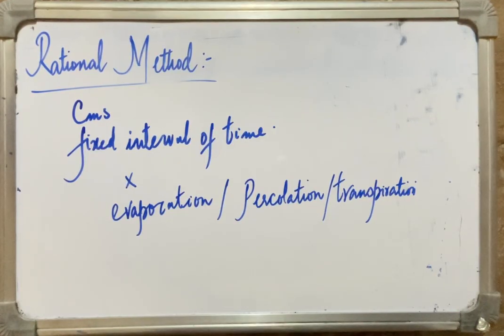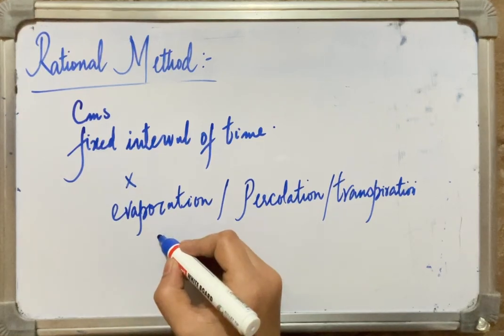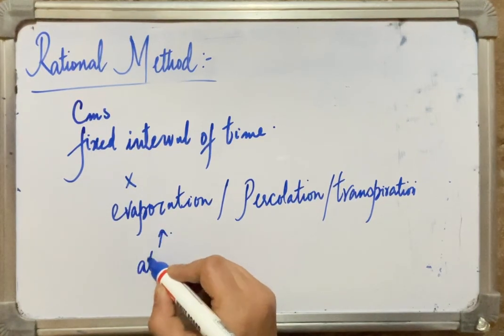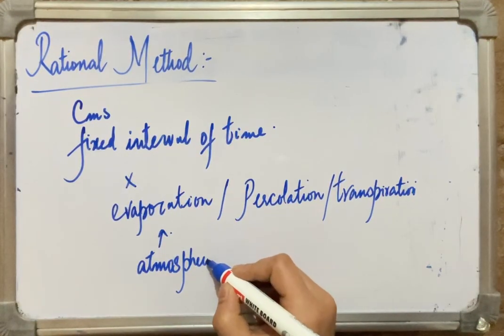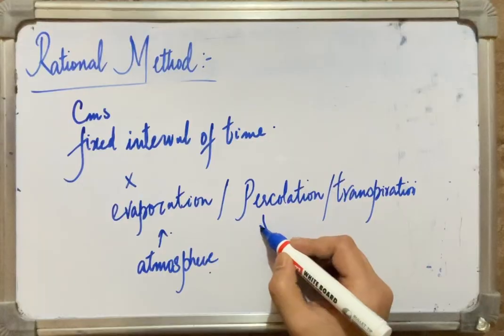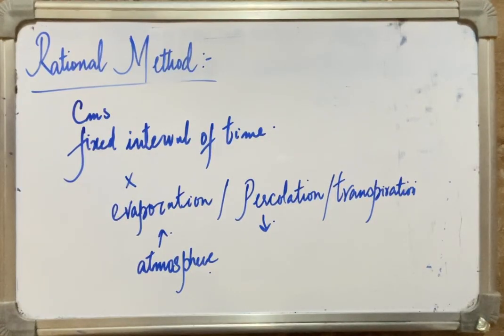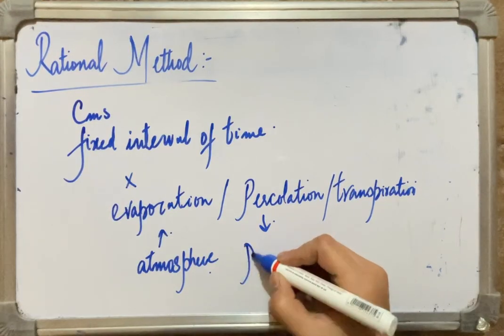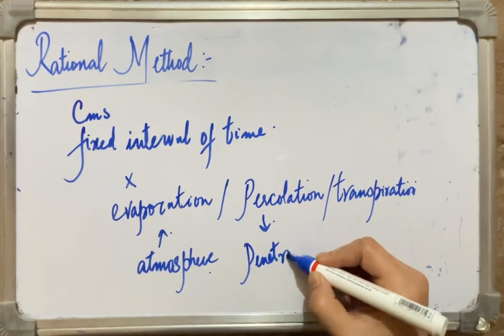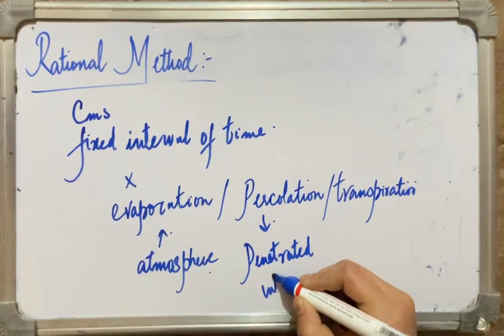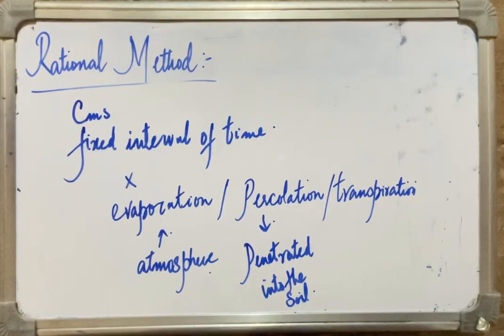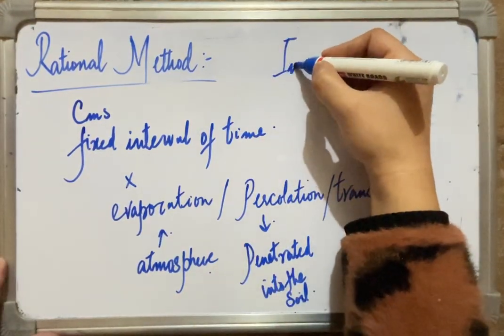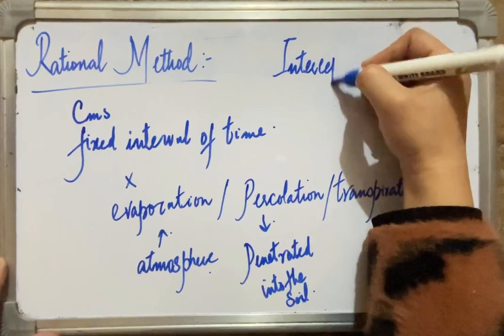Evaporation is the loss of water from the land and water surfaces back to the atmosphere due to the action of heat of the sun. Percolation indicates the loss of water which penetrates into the soil. Students, you must know the difference between interception and percolation. Very important to know here.